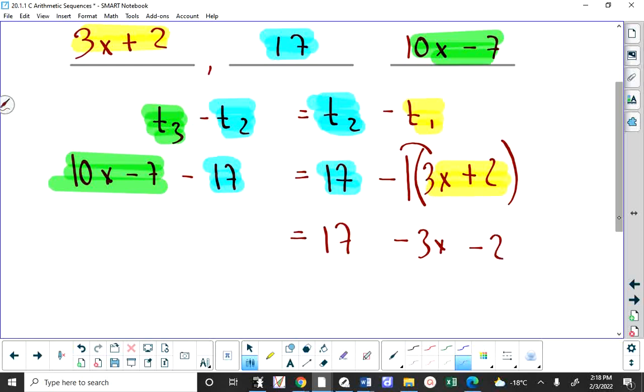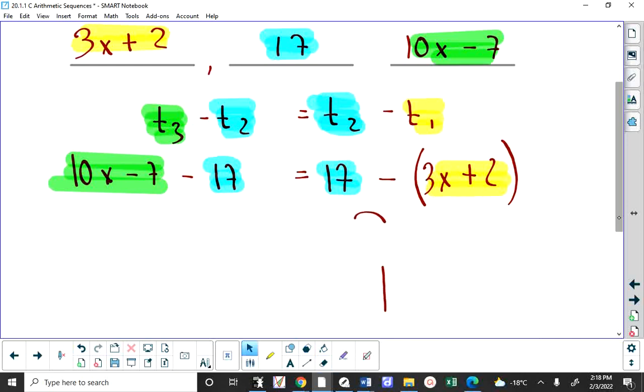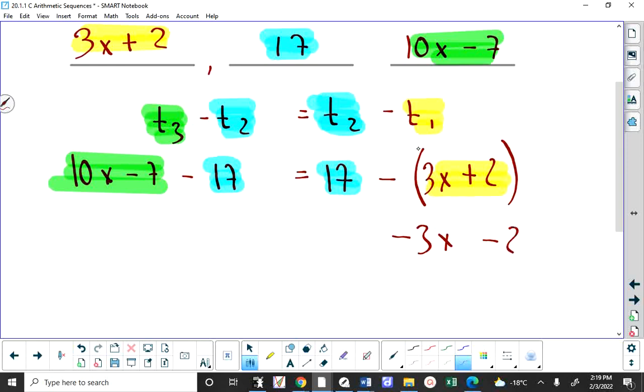How many of you remember being taught the second thing, which is not what I would do? How many of you remember being taught that when you're subtracting something in brackets, you remove the brackets and switch the sign of everything inside? So the positive 3x becomes negative 3x and the positive 2 becomes negative 2.